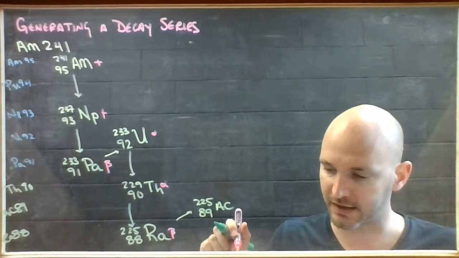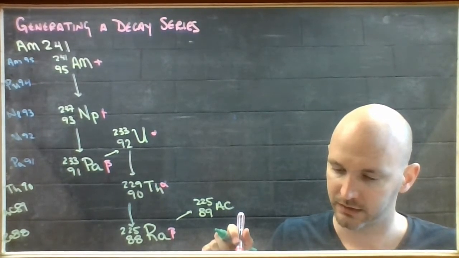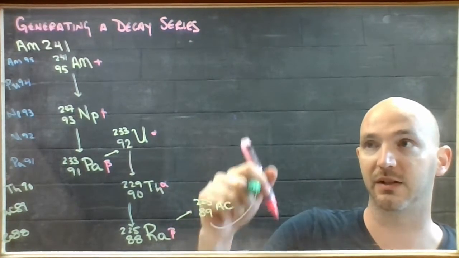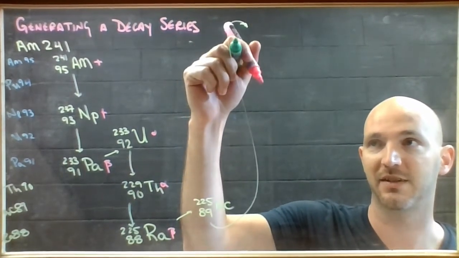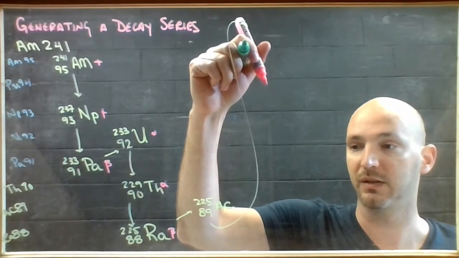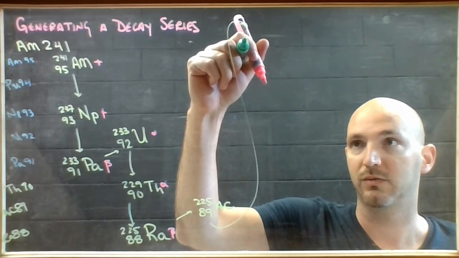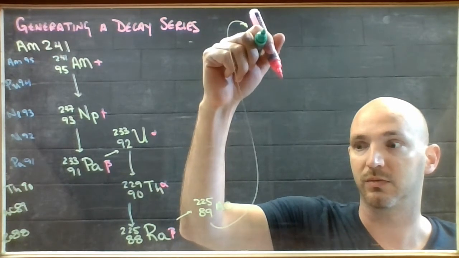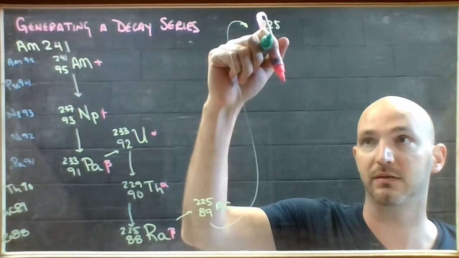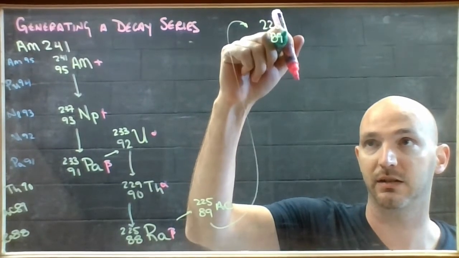So I'm going to check actinium-225. And indeed, actinium is an alpha emitter, so I'm going to come up here and start again. 225, 89, actinium.